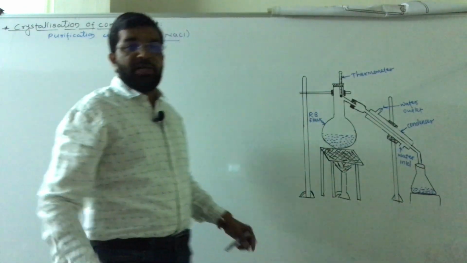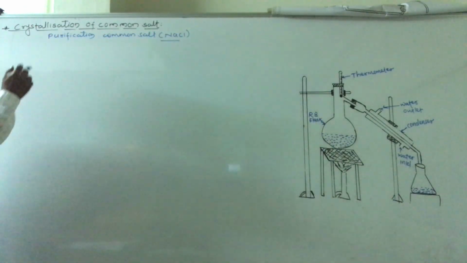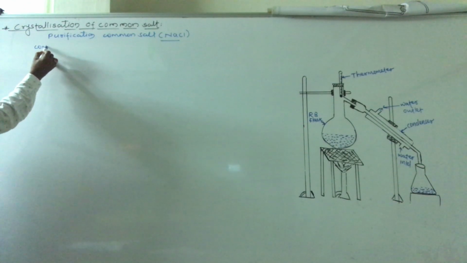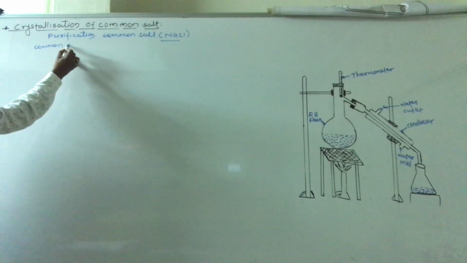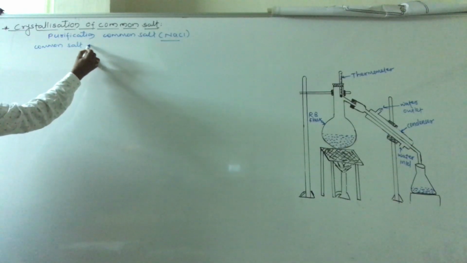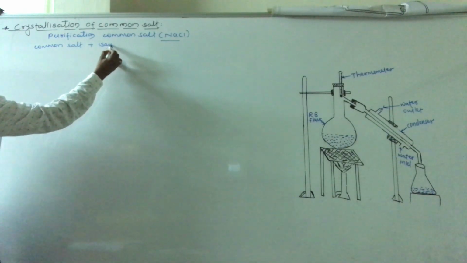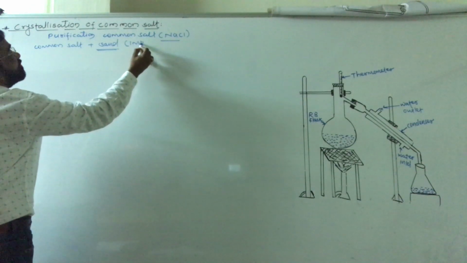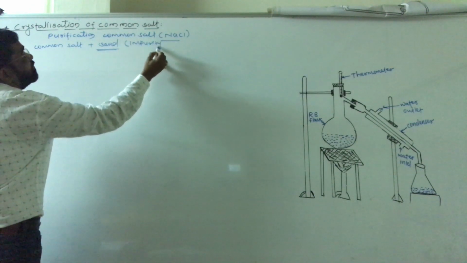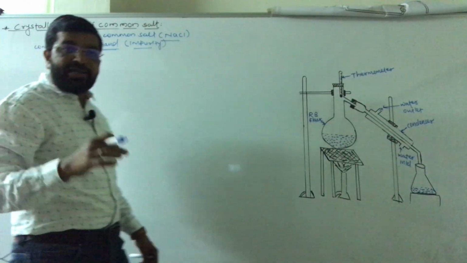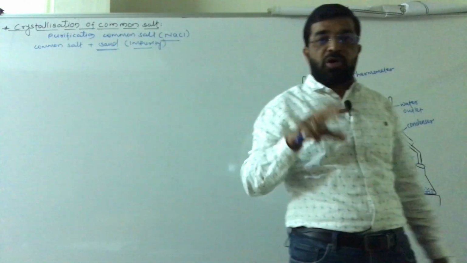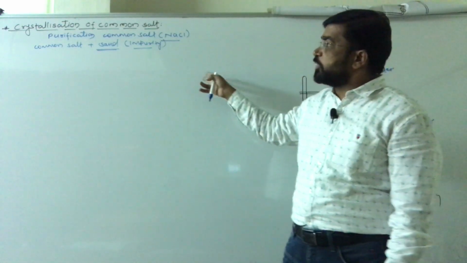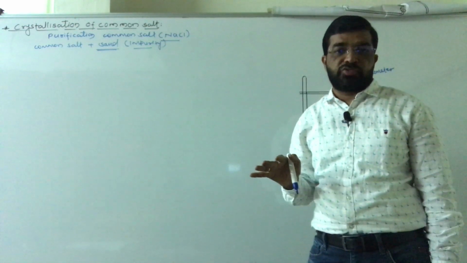In this simple crystallization process, first of all we have to take common salt plus sand in it, as an impurity, or you can also take impure common salt, and that impure common salt can be purified by the crystallization process.